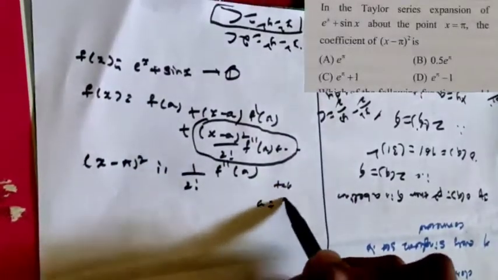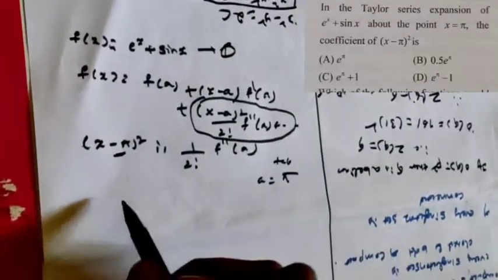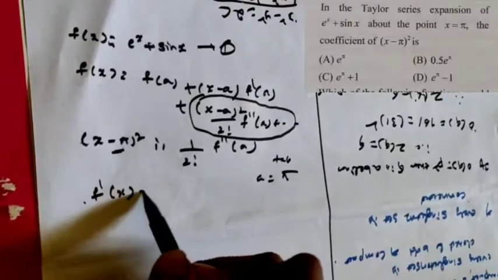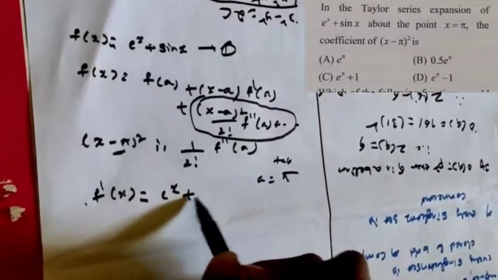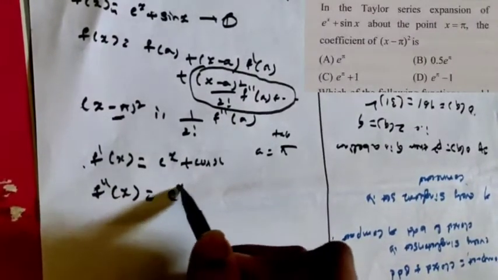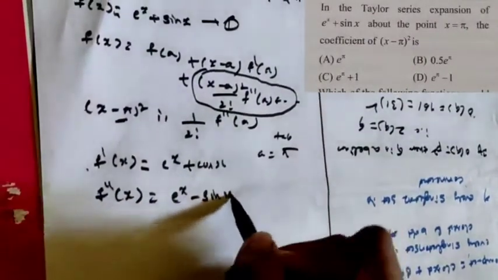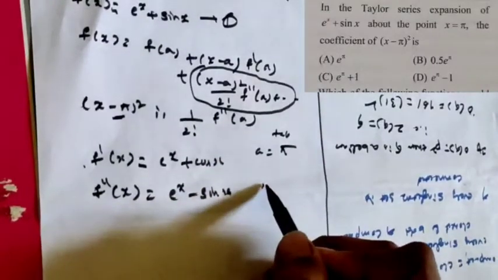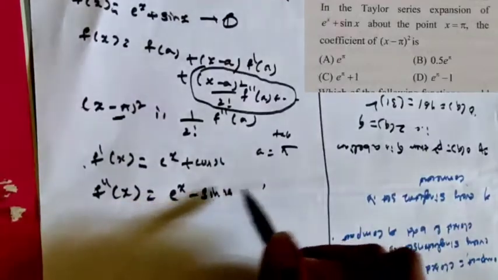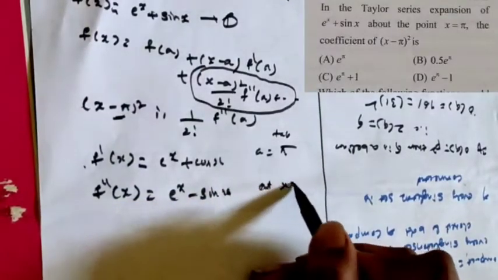Okay, take a is equal to pi. Here a is equal to pi. Okay, differentiating this function with respect to x, what we get: f dash of x is equal to e power of x plus cos x, and we again differentiate this function, f double dash of x is equal to e power of x minus sin x. Okay, in place of x we have to substitute pi, at x is equal to pi.